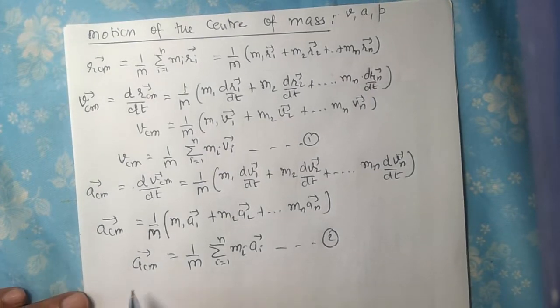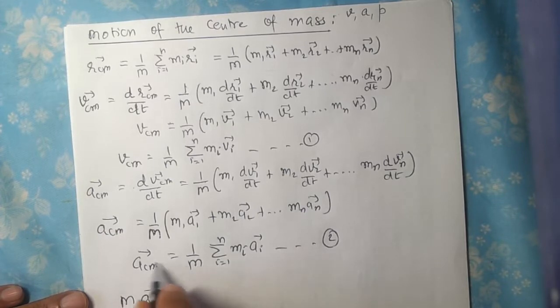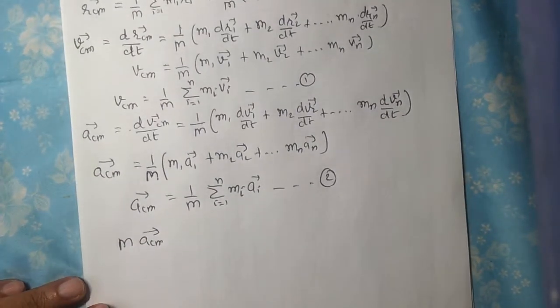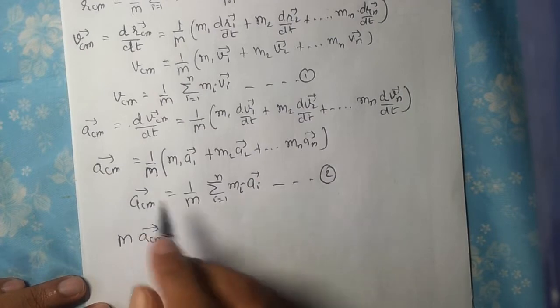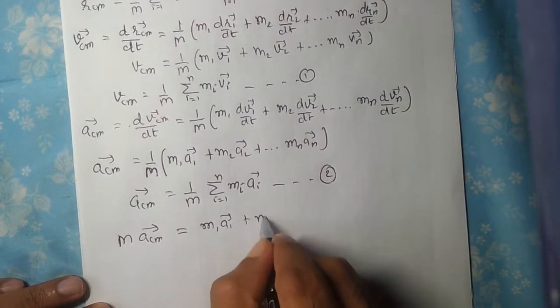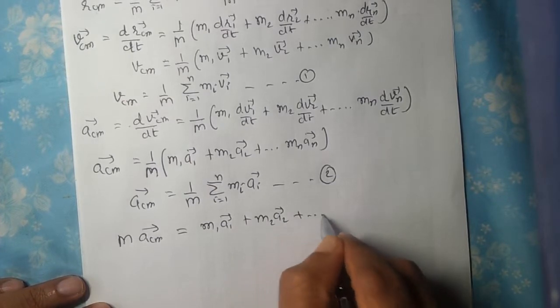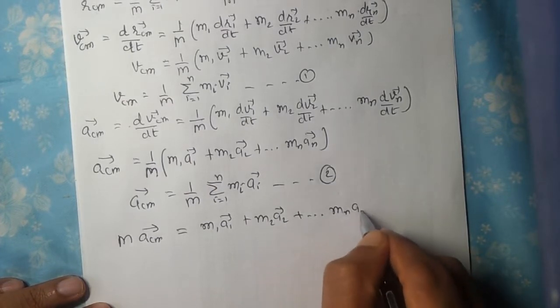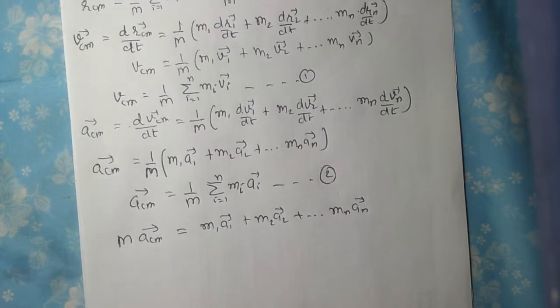Right? Now this equation can be written as M multiplied by acm, M I'm taking over here. So M into acm is equal to m1 a1 plus m2 a2 plus mn an. Right? Now what is m1 a1? Mass into acceleration is force.